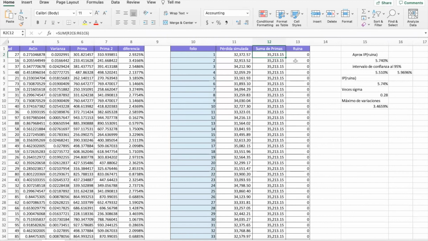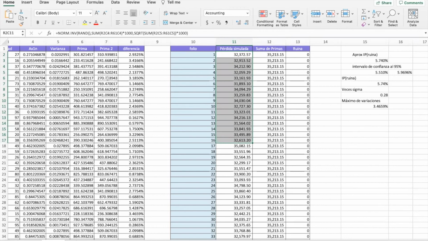Okay, and now let's focus on our probability of ruin. As you can see here, we simulated random losses using the Excel function of the inverse normal distribution, given a random probability, a calculated mean, and a standard deviation, given all these randomized ages.